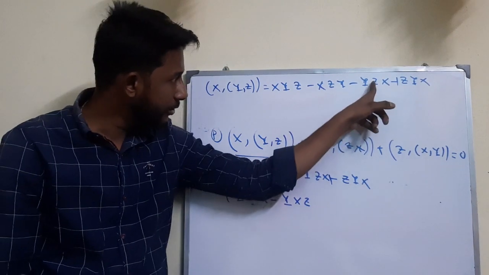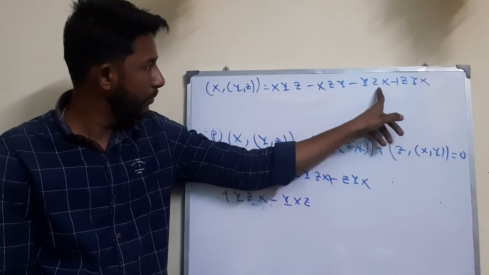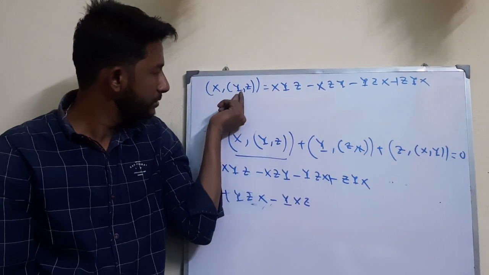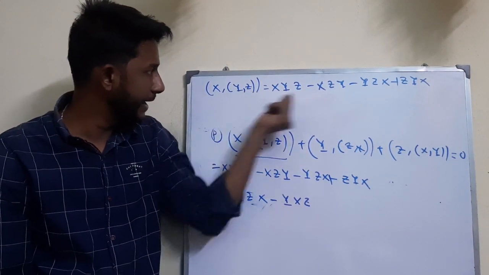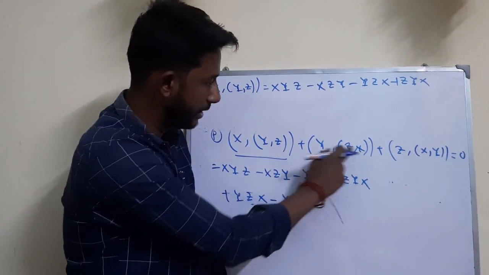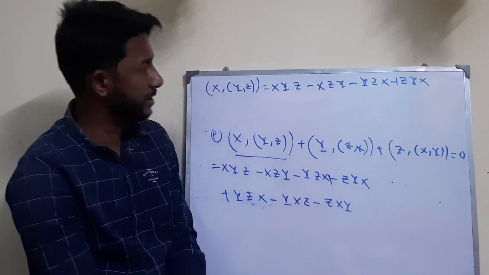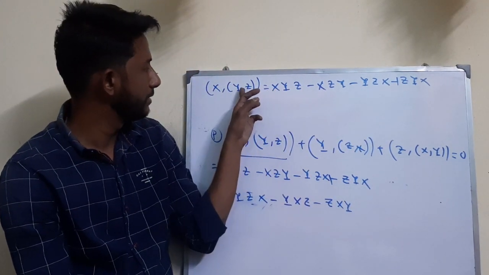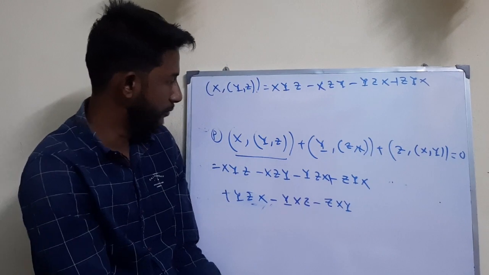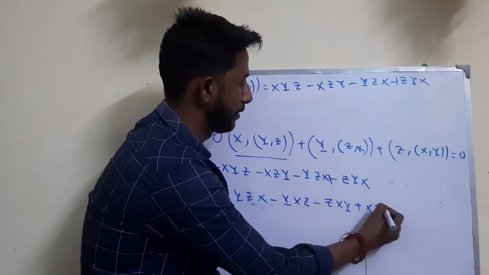Now let's see the third option. We have to start from y, then z, then x, so we start from z, x, y. Now let's see the fourth option. We start from z, then y, then x, so for this we start from x, then z, then y.